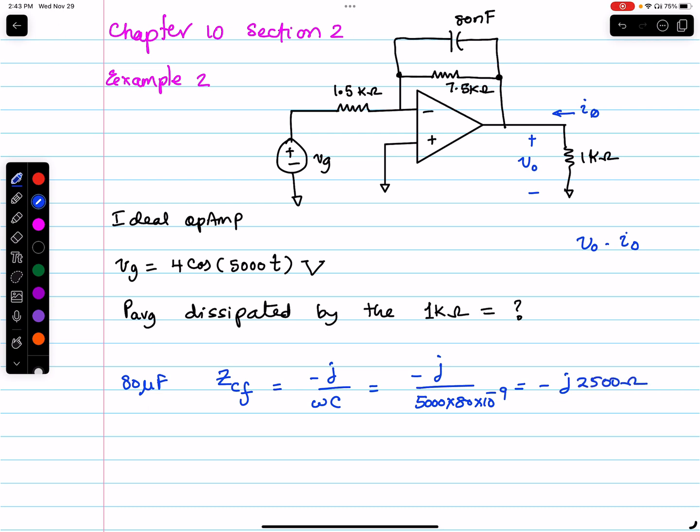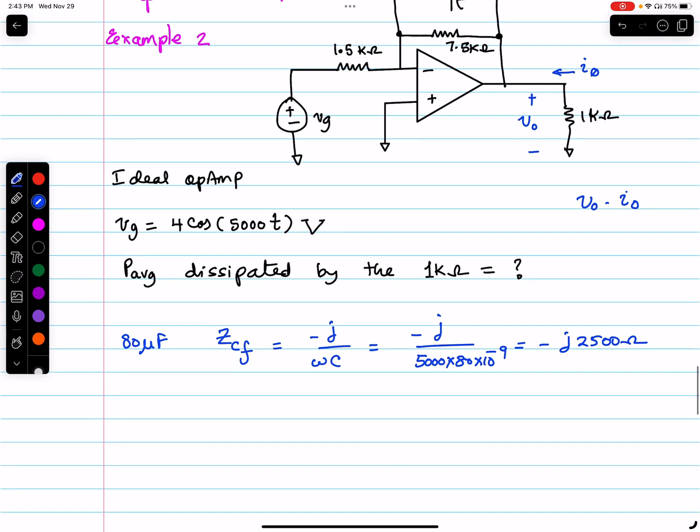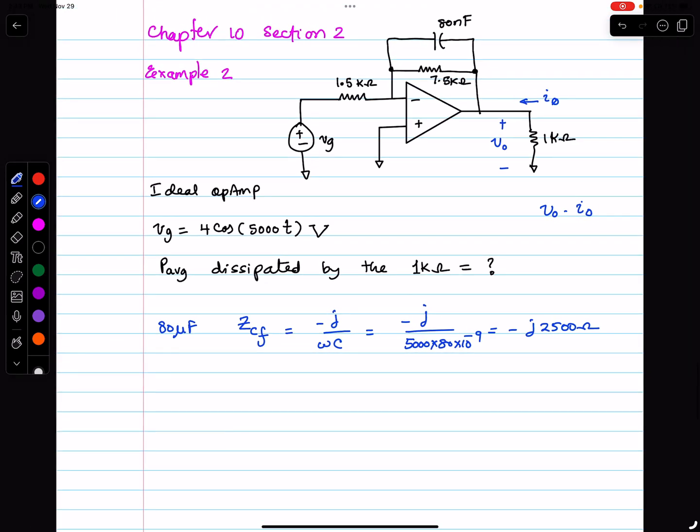Now the next thing we can do is notice that the 80 microfarad capacitor, which we evaluated to be negative j 2500, is in parallel with 7.5 kilo ohms. So what is the impedance of the feedback path?